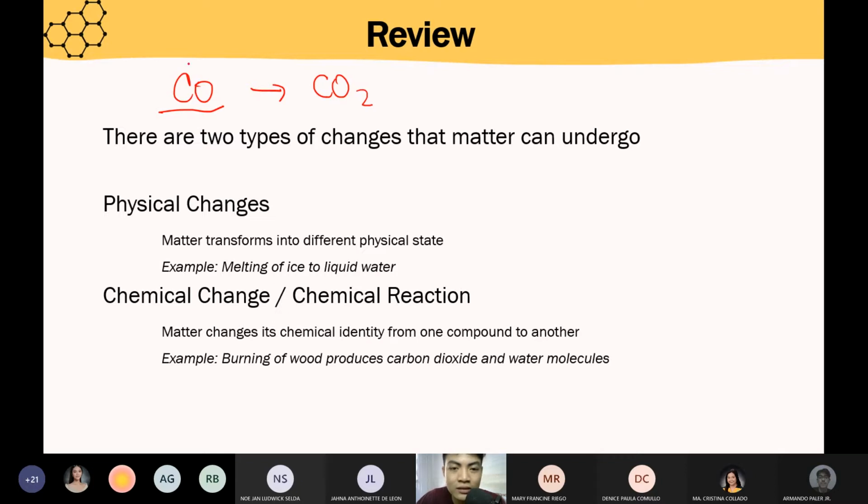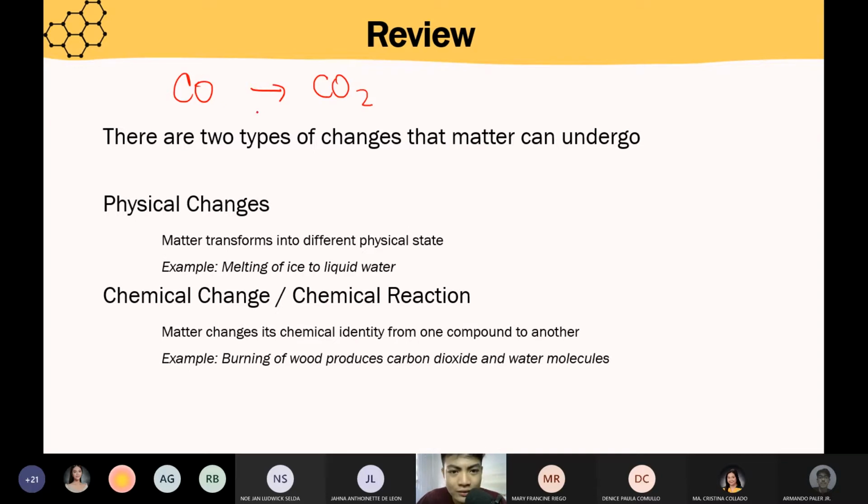This is very toxic. When you happen to inhale this, you will pass out immediately, agad-agad. That's why many victims ng fire usually pass out agad, kasi one of the products of combustion is this one.